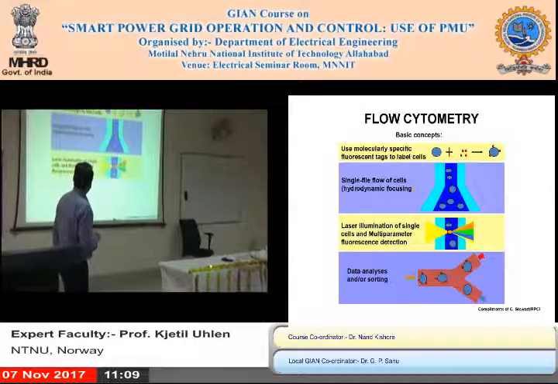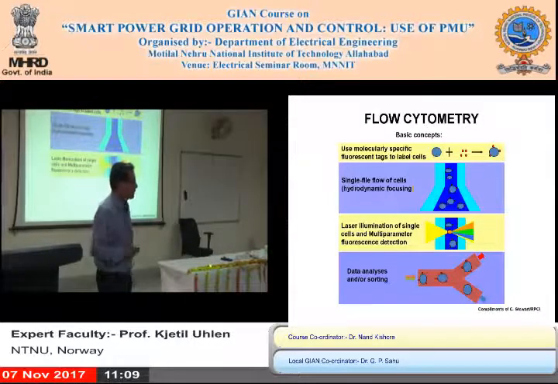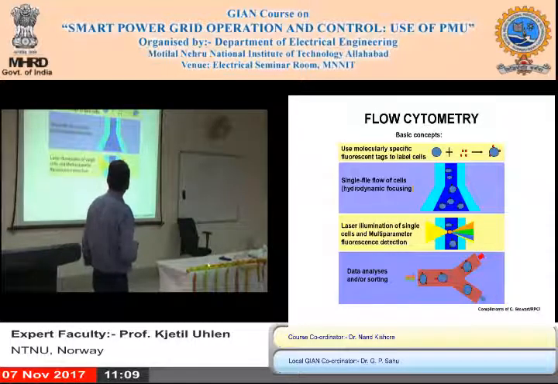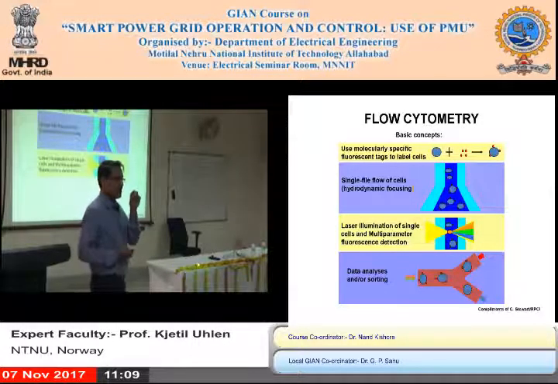Interrogating the cell means it excites the fluorophores on the surface, if they have them, and generates the emission coming out. So here you need a light and illumination optics to focus it to a dimension such that it always recognizes one cell going through. It always interrogates each cell individually.